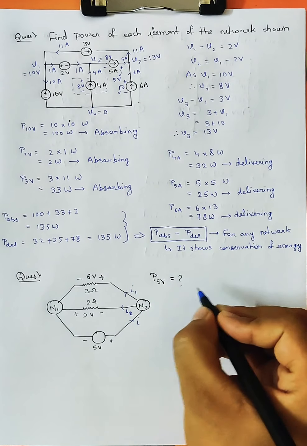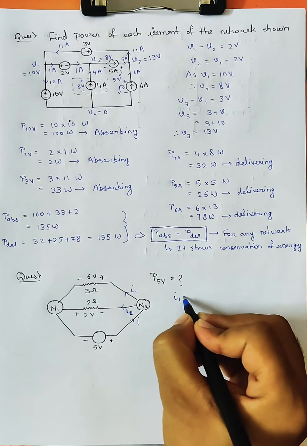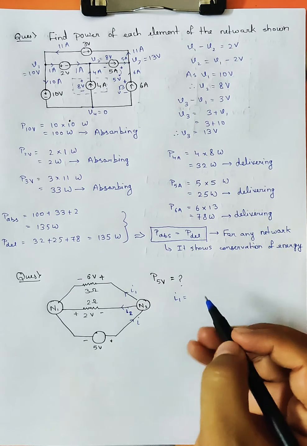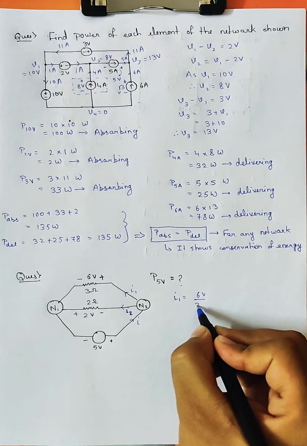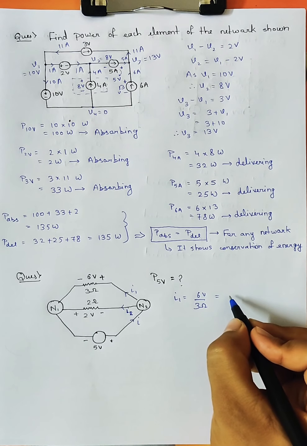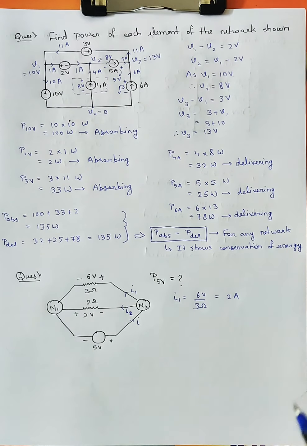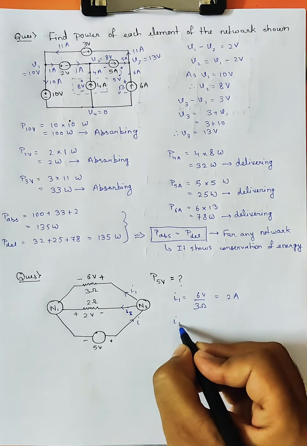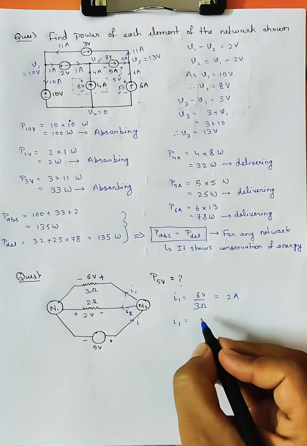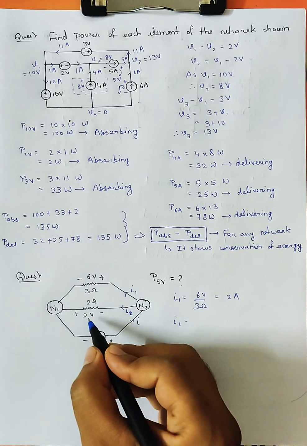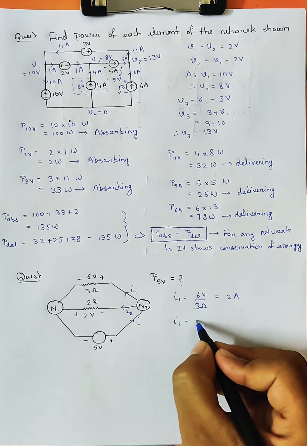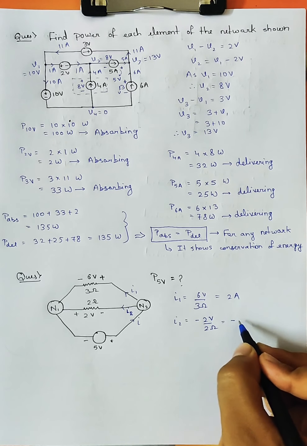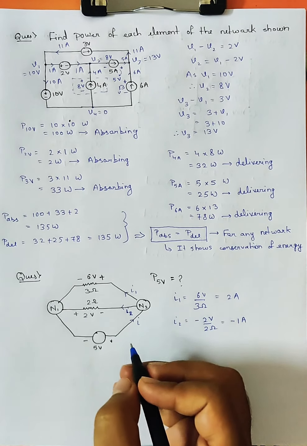First we will see I1 is equal to 6 volts divided by 3 ohm, which is equal to 2 ampere. I2 is equal to 2 volts divided by 2 ohm with a minus sign, which is minus 1 ampere.